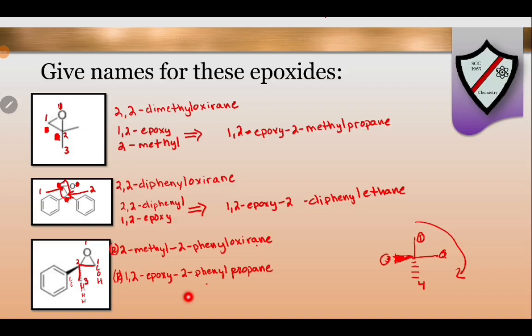And those are our examples for naming epoxides. I'm sure you will have more practice to work on your own. I hope these help, going forward, naming epoxides both as substituted oxiranes and as epoxy groups on alkyl chains.